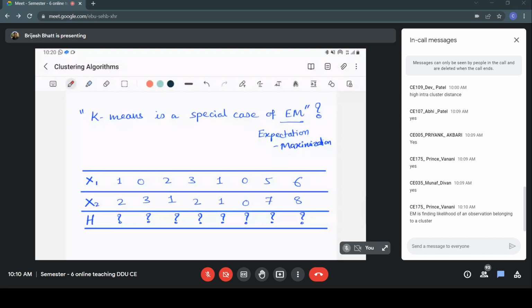Prince is saying EM is finding the likelihood of an observation belonging to a cluster. Yes, it sounds like a correct answer, but can you give a more intuitive understanding of why K-means is considered a special case of EM?